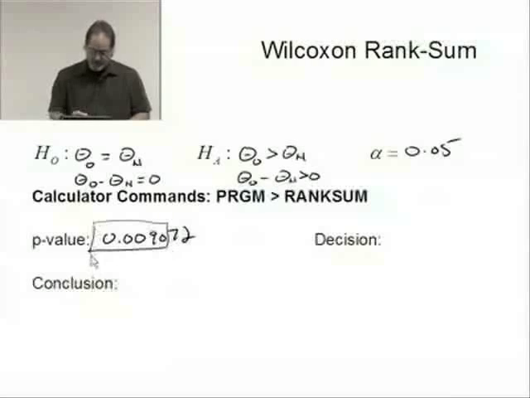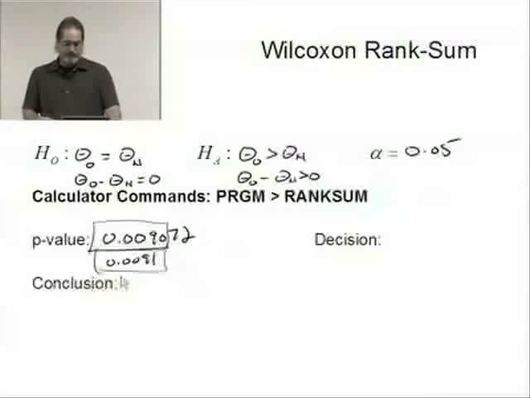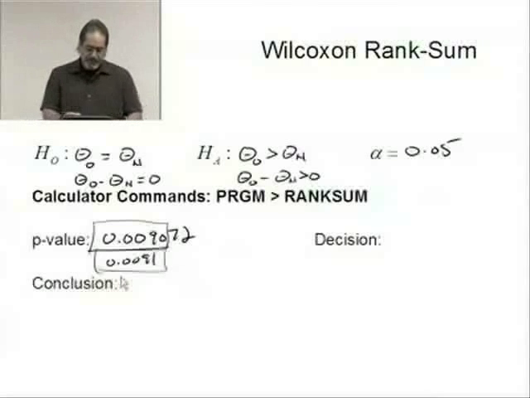So I'd report it as 0.0090, or maybe I might round and make it 0.0091, whatever. It's not going to make any difference, really. With this p-value and this alpha level, the decision will be to reject.